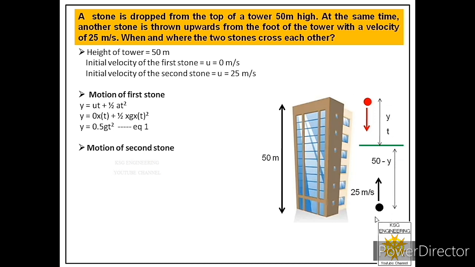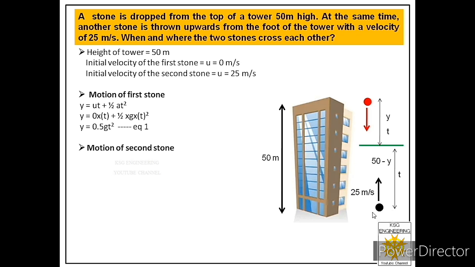And second stone will take the same time as that of stone 1 to cover this distance, that is t seconds. And this stone is also moving under the effect of gravity. That means its motion is also a uniformly accelerated motion.